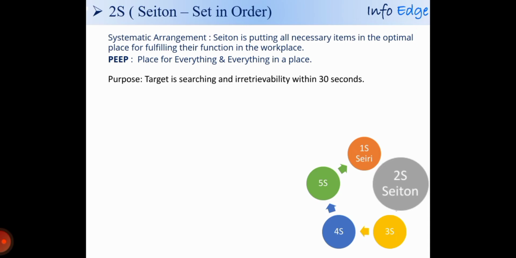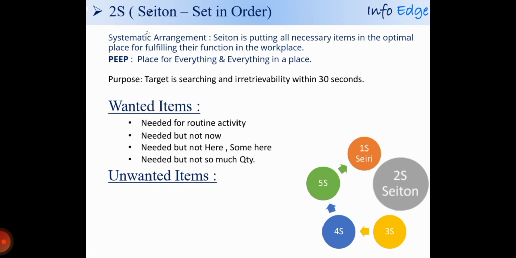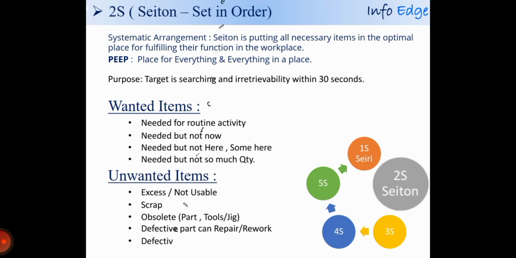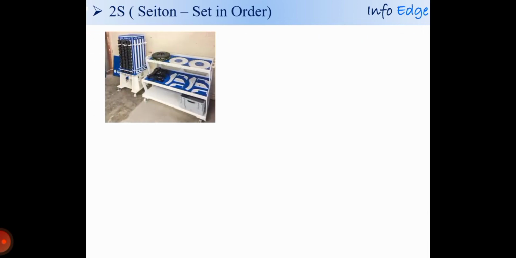So how effectively we have to make the systematic arrangement is this. Here we can see the wanted items: needed for routine activity, needed but not now. You can see a few examples here.